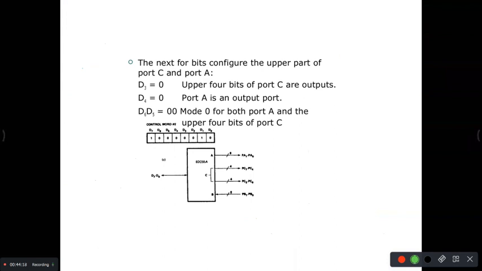You have a control word for 8255, you have a control word for 8253, you have a control word for 8259. You have different control words. The students cannot remember all. That's the place where we give these control words. Right? I understood this. Okay. Just answer the number.